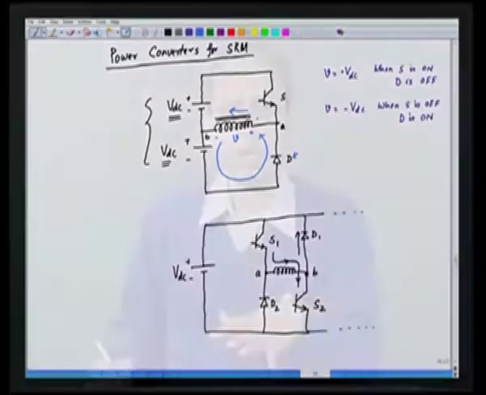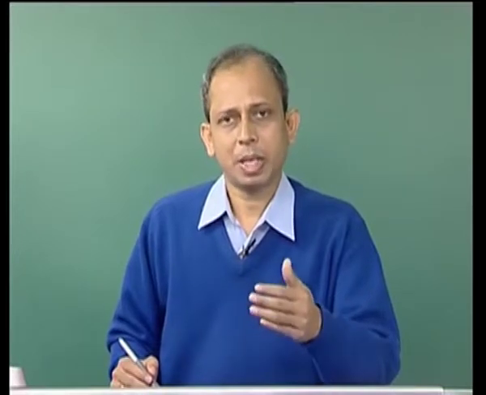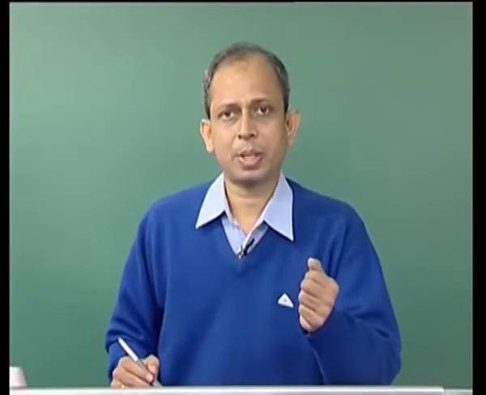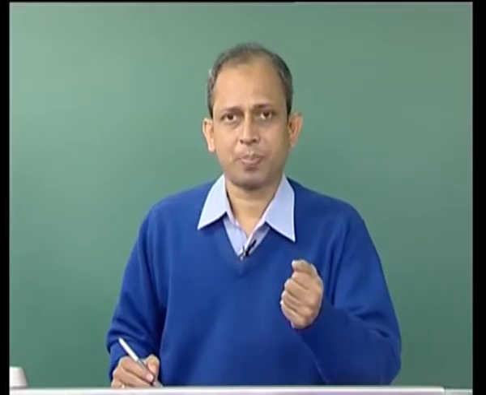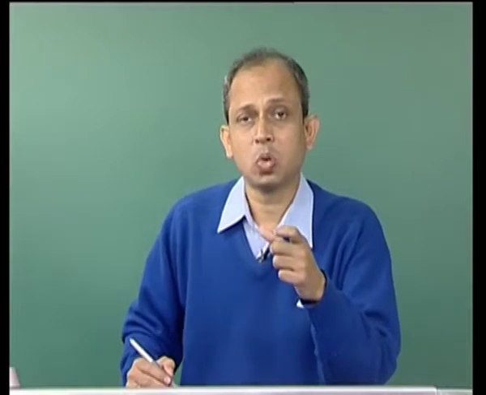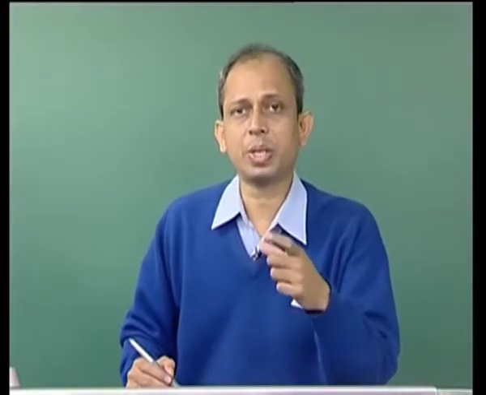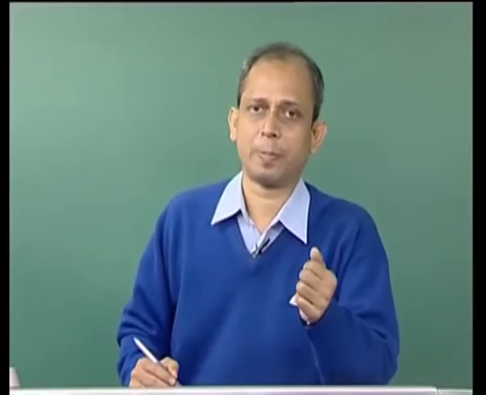Now, this converter can be used, but there is a problem. The problem is this, that this converter uses two power supplies. One is this power supply, that is plus minus VDC, and the other one is plus minus VDC, and totally the voltage is 2 VDC. So, out of 2 VDC we are only using VDC, we are applying plus VDC and minus VDC.